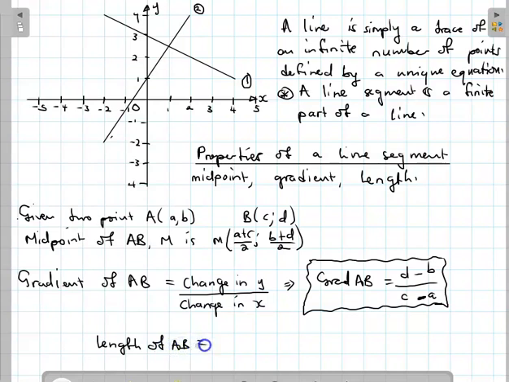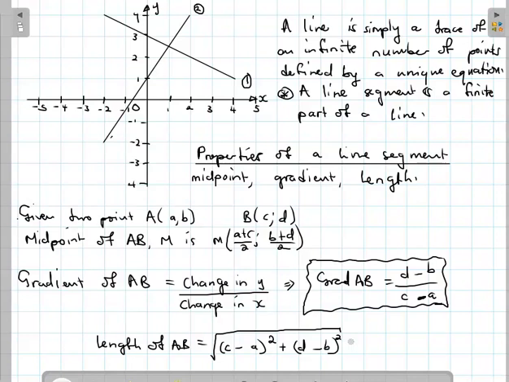So the length of AB will simply be equal to the square root of C minus A all squared plus D minus B all squared. So that's your midpoint, your gradient, and the length of a line segment.